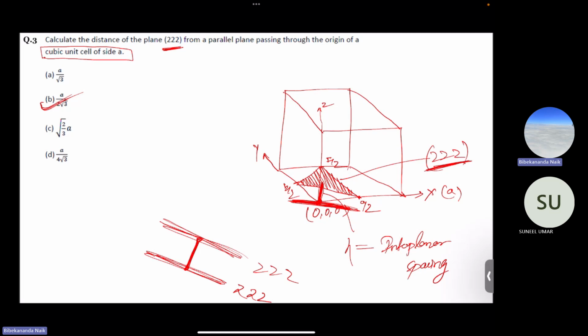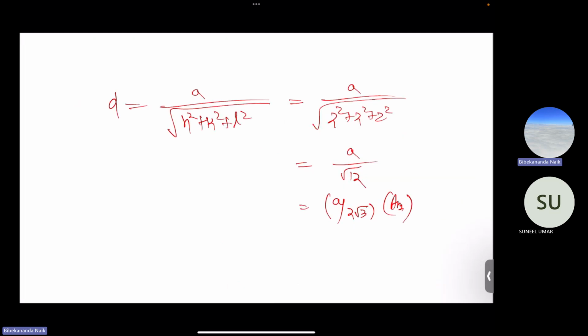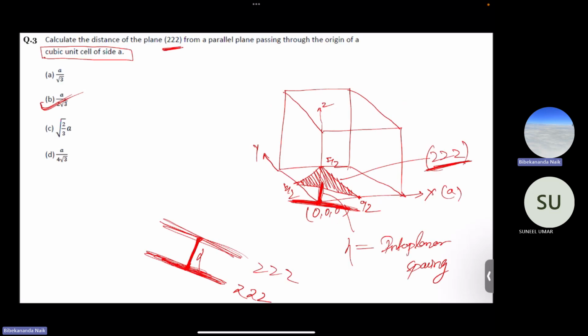With respect to that new origin, this plane will again have Miller indices 2, 2, 2. So this is the distance between these two planes, that is d, and this d is given by the formula of interplanar spacing, which is a over the square root of h square plus k square plus l square, that is a by root 12, which is a by 2 root 3. So the correct option will be option B, that is a by 2 root 3.